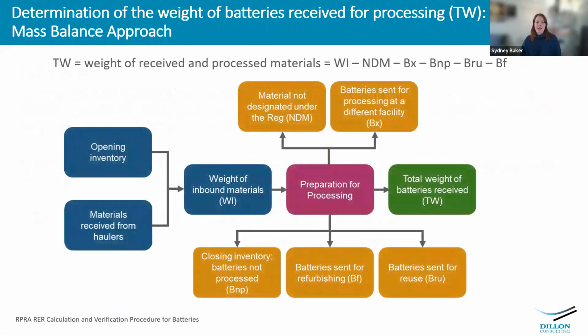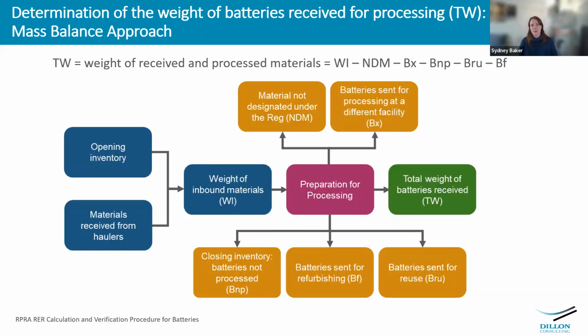And you'll see that here in this process flow. On the left-hand side, there's an opening inventory, and then there's the weight of materials received from haulers. Those together are the total weight of inbound materials that a facility would receive. Then it's going to go into the pink box in the center, which is actually preparing the materials for processing.